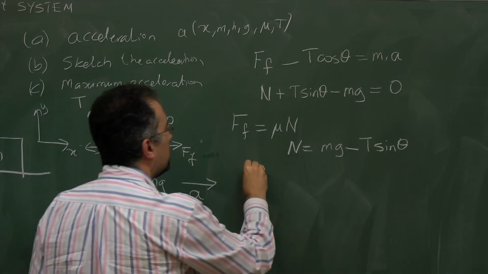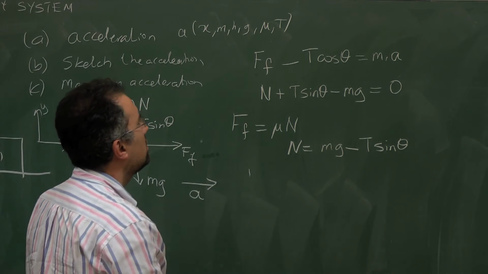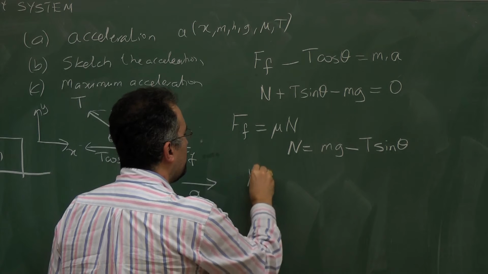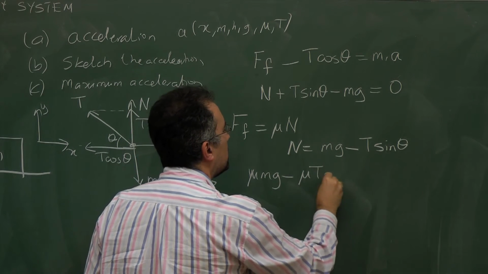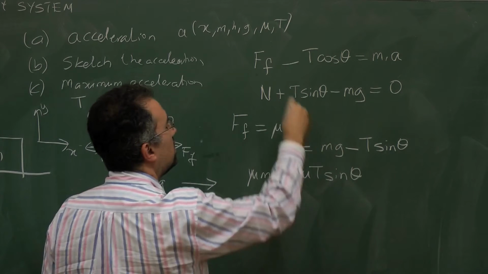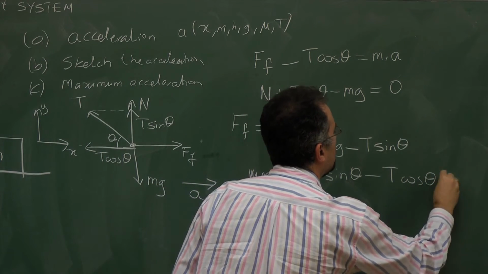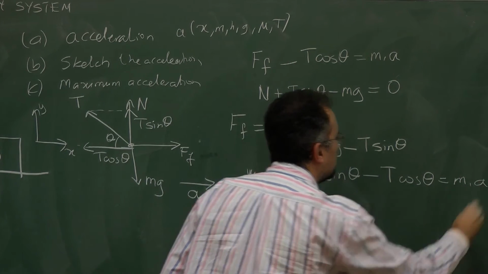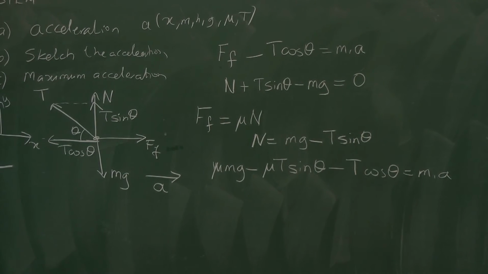So the force of friction is mu mg minus mu T sine theta, minus T cosine theta equals mass times the acceleration. So far, so good.